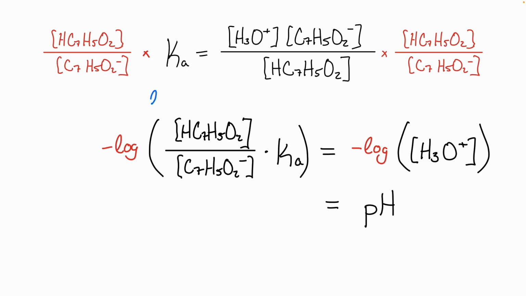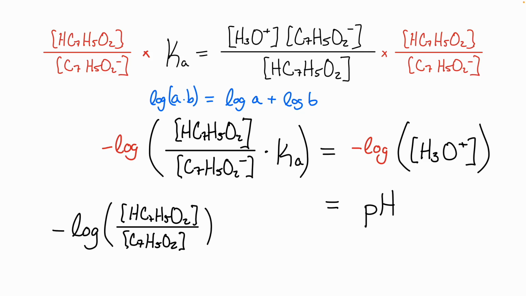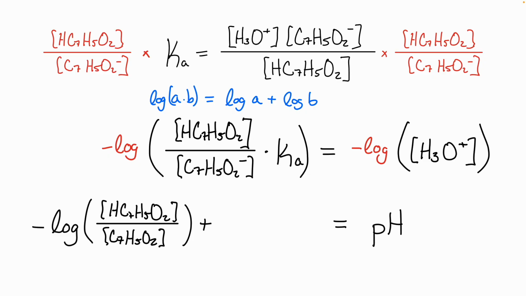Remember, we used this before, the idea of the log of A times B is the same thing as the log of A plus the log of B. All right, so this becomes the negative log of our acid over our base. We're going to keep those together. Plus the negative log of our Ka.